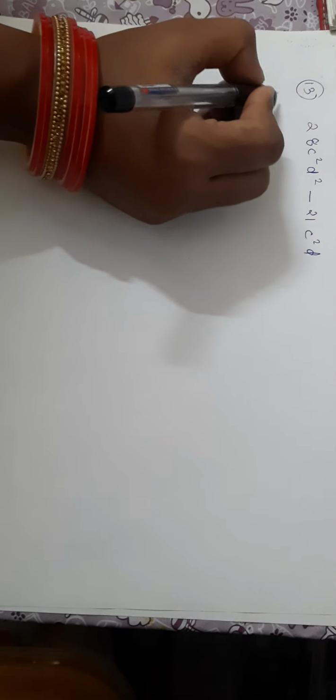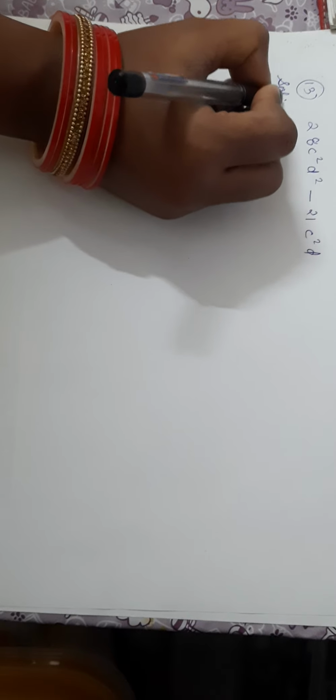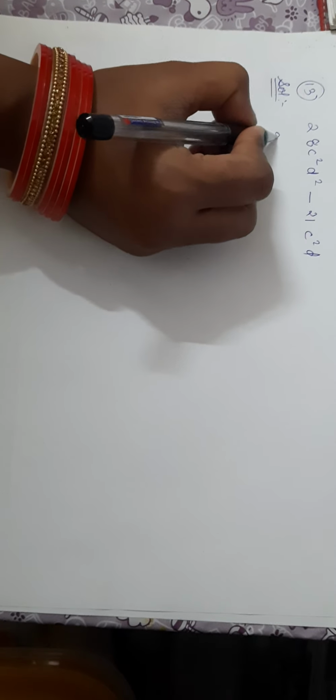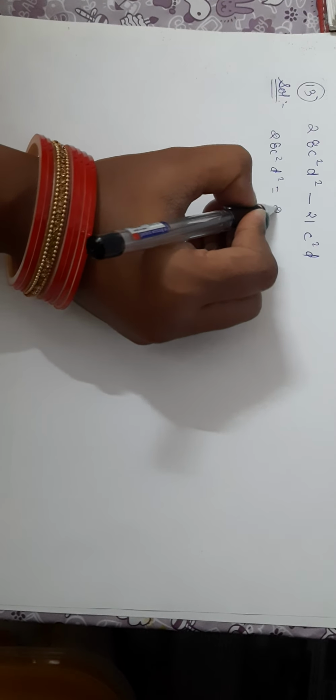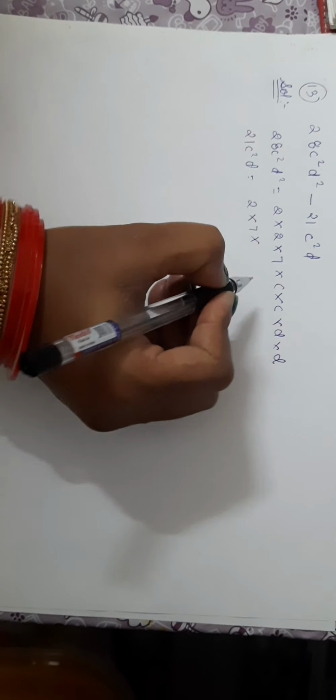So from here also, first write down the factors for 28c square d square. You can write it as 2 into 2 into 7 into c into c into d into d. Again for 21c square d, you will write down the factors as 3 into 7 into c into c into d.